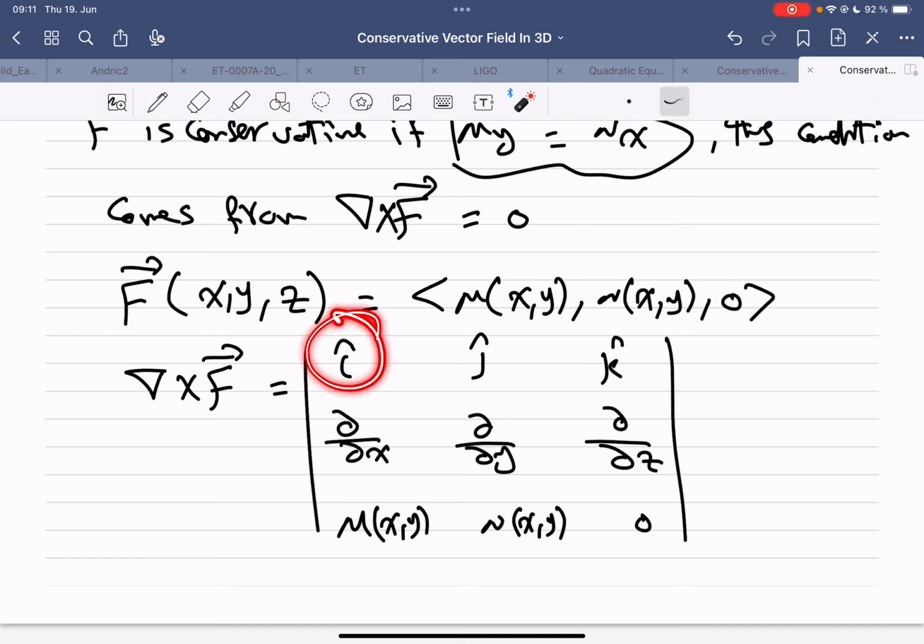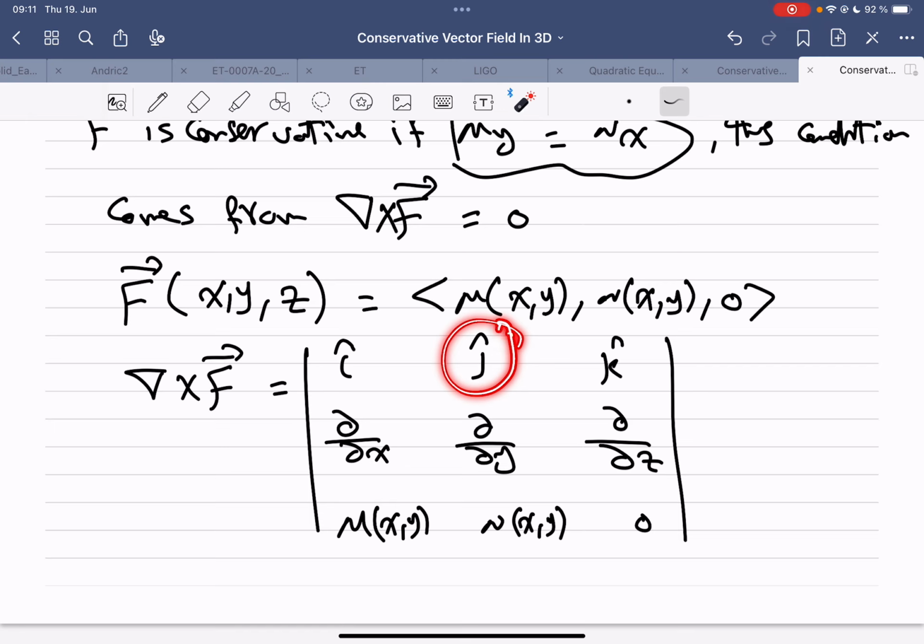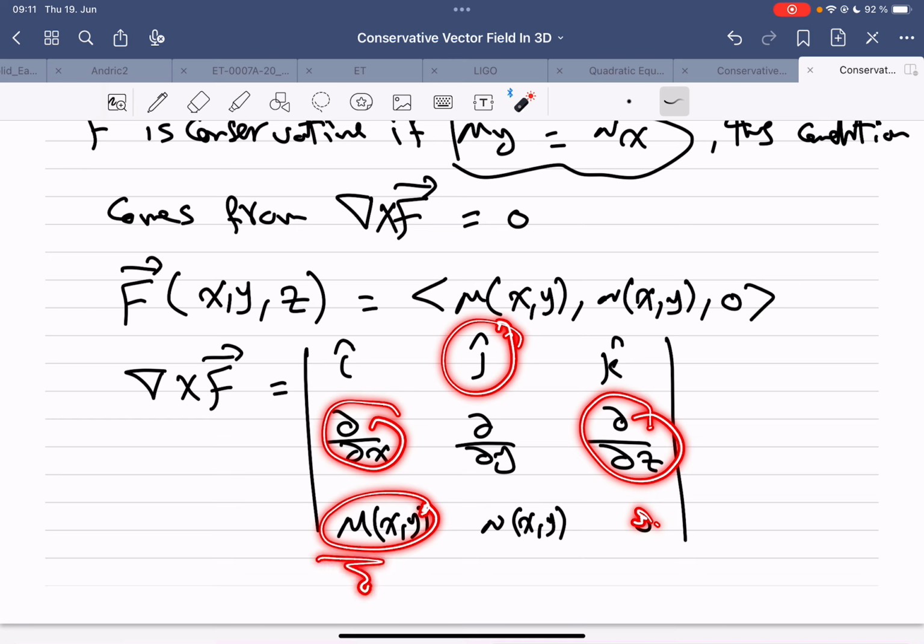Again, I component d by dy 0 is equal 0 minus d by dz n of x y. Note that n is a function of x y, so when you differentiate it with respect to z, it will give you 0. So this component will be 0. And also for j, d by dx 0 with 0, d by dz m of x y will give you 0, because this is a function of x y, not a function of z.